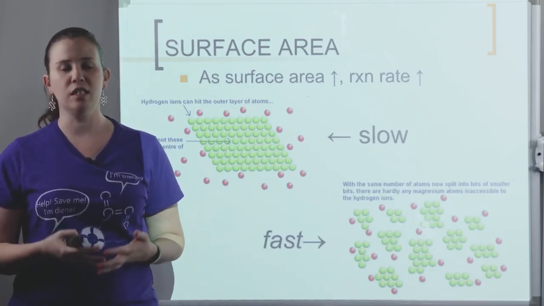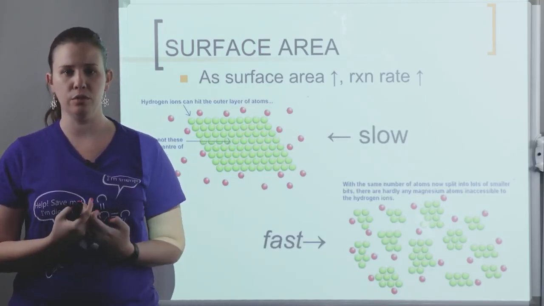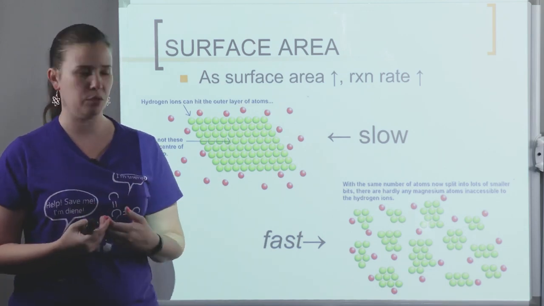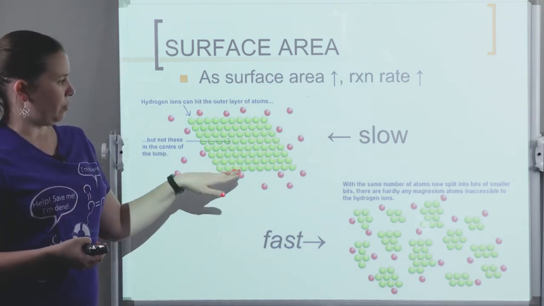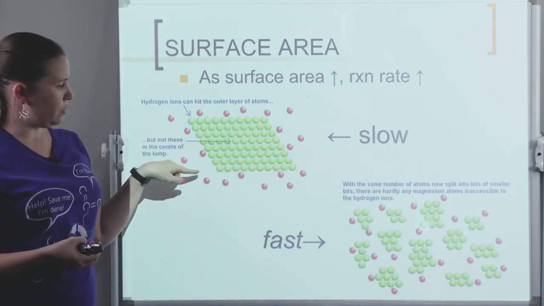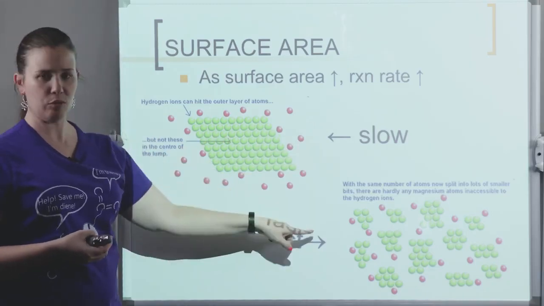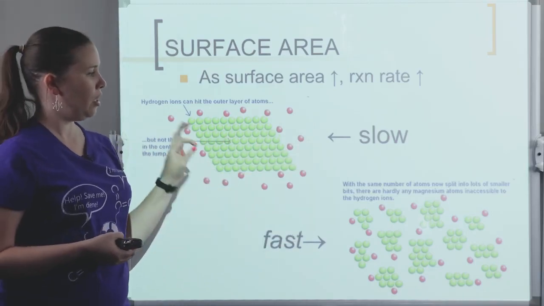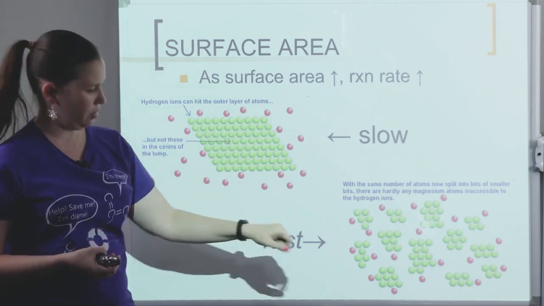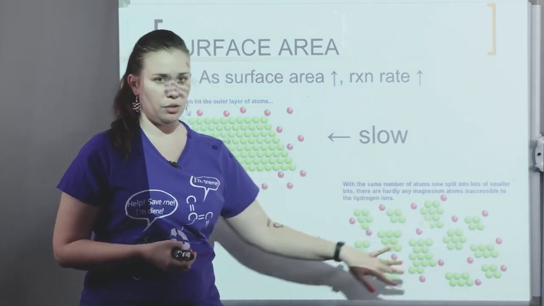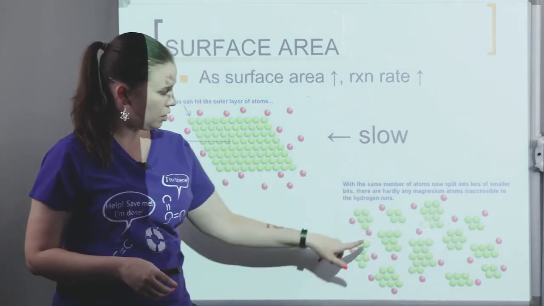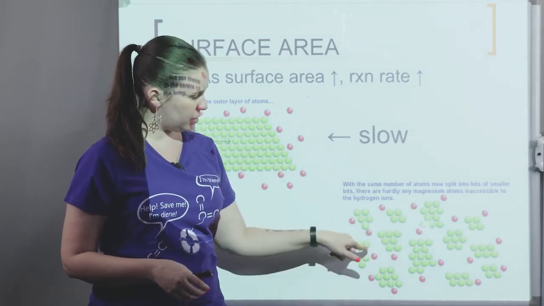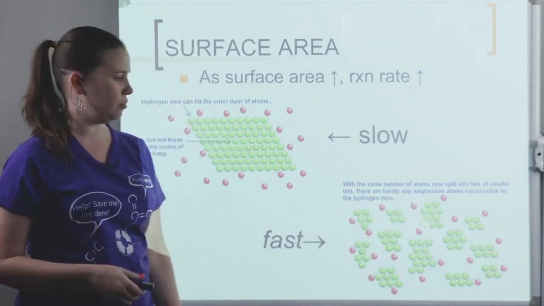Surface area is going to expose more particles to being able to collide into each other. So with a picture like a sugar cube, on the outside, we have particles that can react with this red substance. But if I break up the green stuff so that the particles are now all exposed, I have way more little green atoms that can touch the little red atoms.